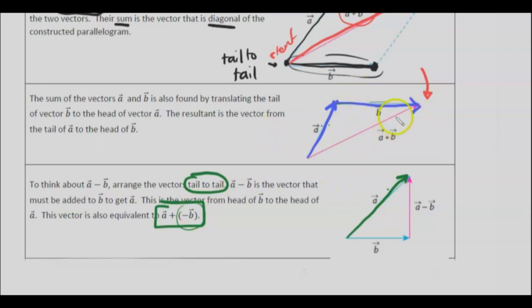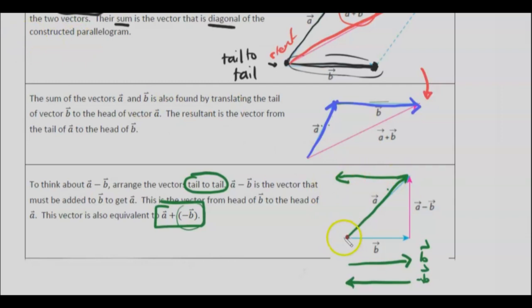okay, so if B was like this, what we do is negative B. So if normal B is like this, so this is B, negative B goes in the opposite direction. Remember, same magnitude, opposite direction. So if we went A being normal and then we added negative B, we would essentially end up with this vector.